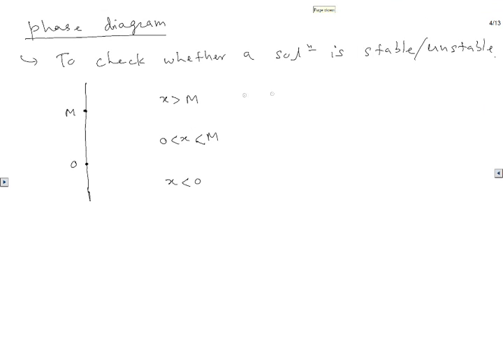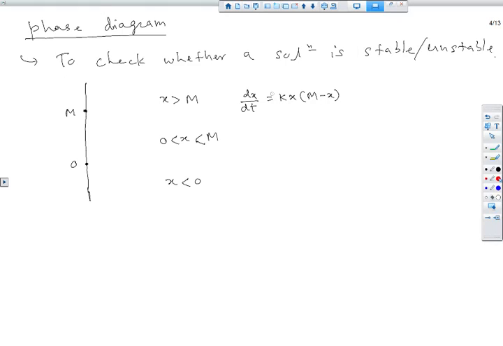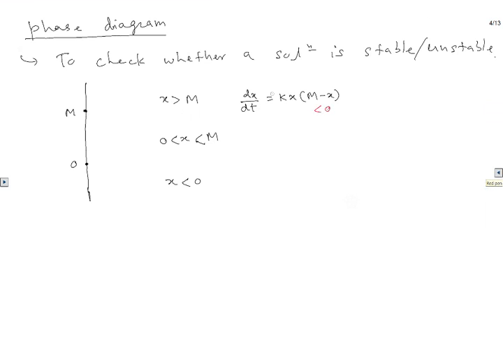So let's write this first. dx over dt is kx(m minus x), and if you pick a value which is greater than m, this factor is going to be negative, this is going to be positive, and we assume that k is positive, so this product is going to be negative.